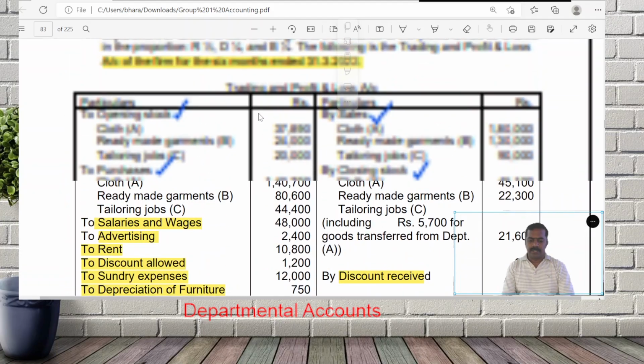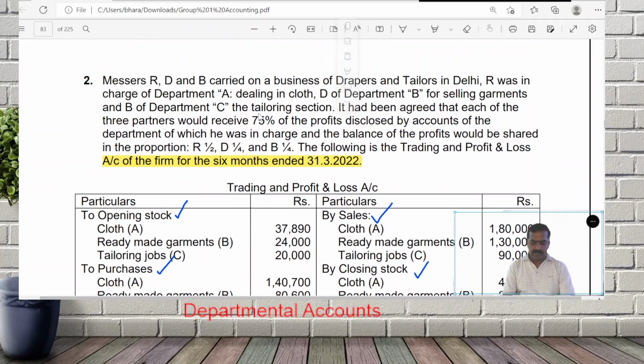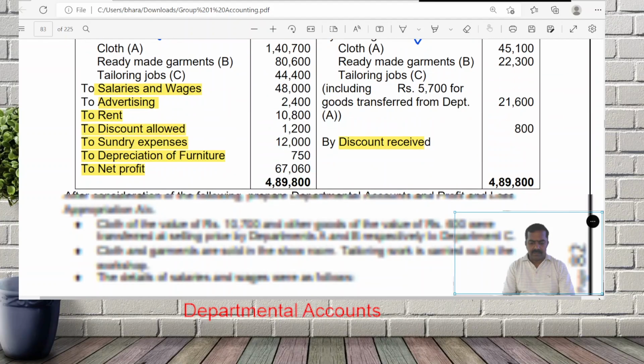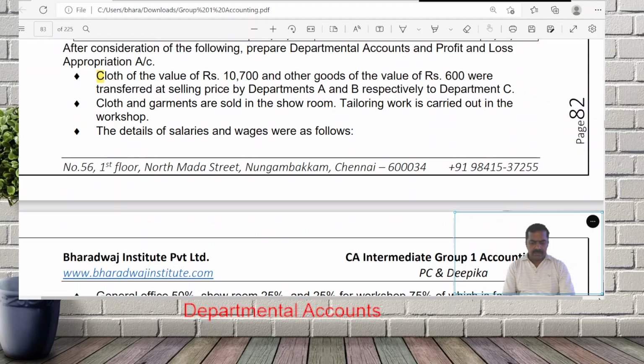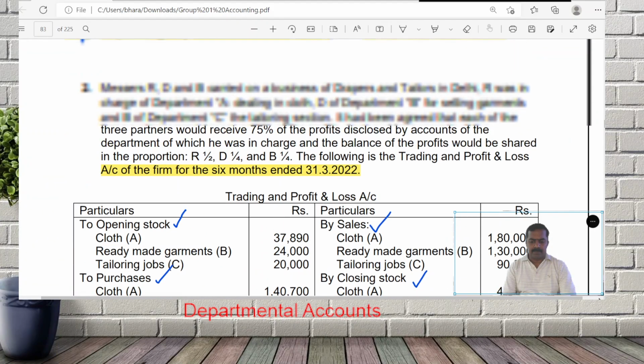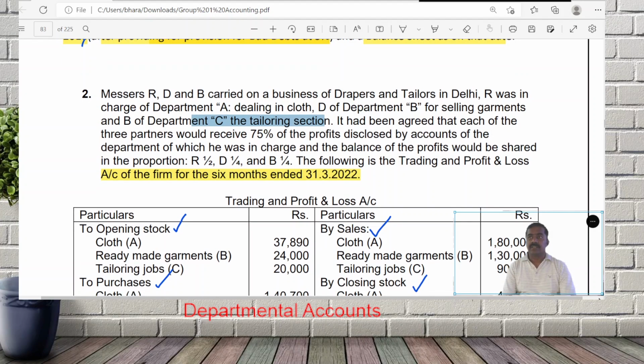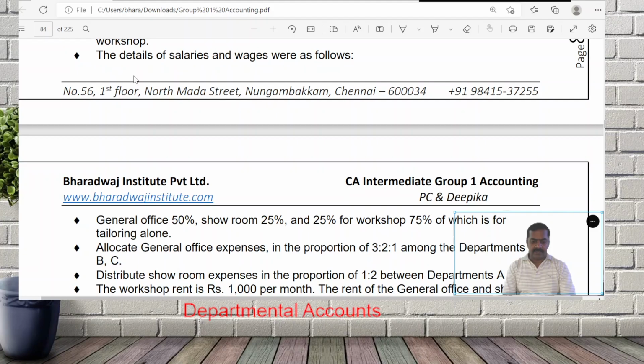Showroom is department B. Tailoring work is carried out in the workshop. Which is the workshop? C. Workshop is C.